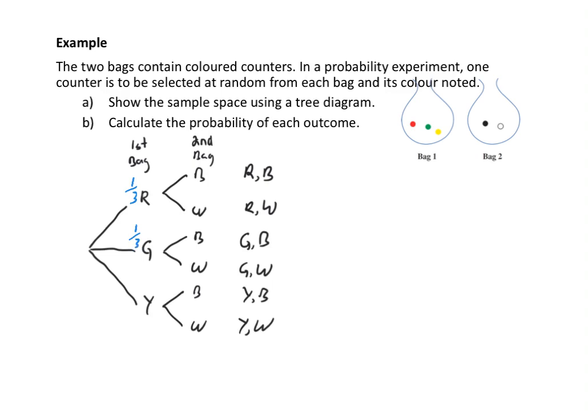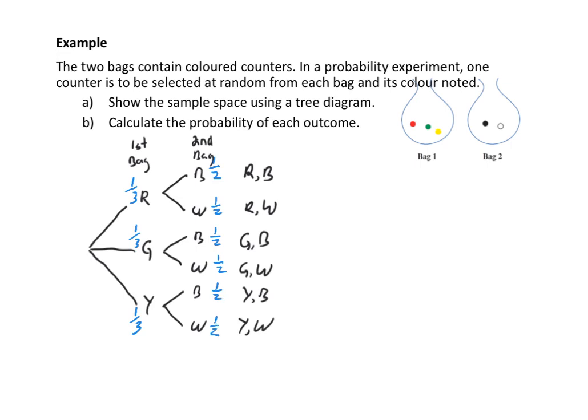And the probability of a yellow counter is 1 over 3. Doing the probabilities for my second bag, I got a black and a white. So the probability of drawing a black counter is 1 over 2. And the probability of drawing a white counter is 1 over 2. And I can apply that probability to each of my black and my white options.